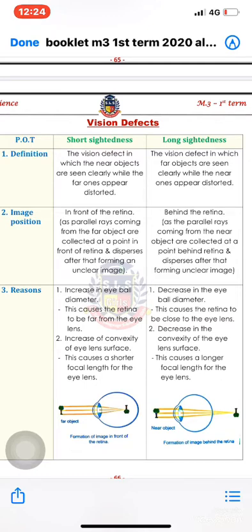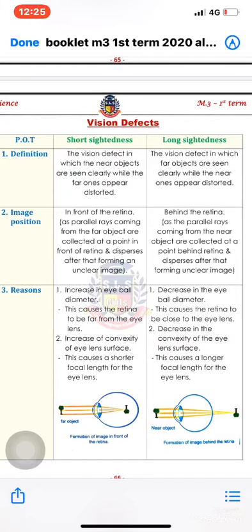While long-sightedness is the vision defect in which the far objects are seen clearly while the near ones appear distorted. It's the opposite of the short. I can see the far object clearly, very well, while the near ones which are near me, I cannot see them well, okay? They appear distorted for my eyes.